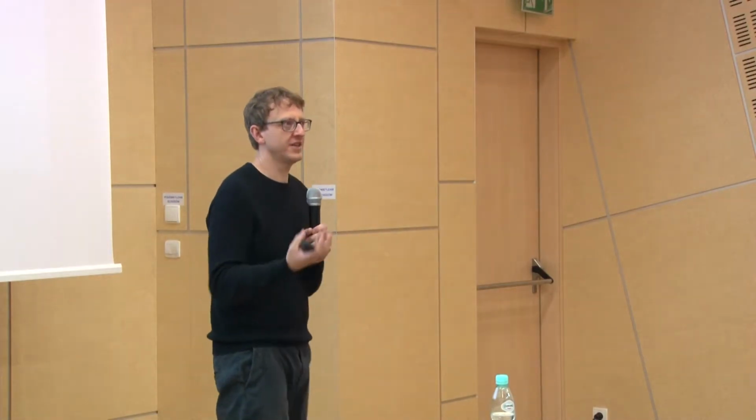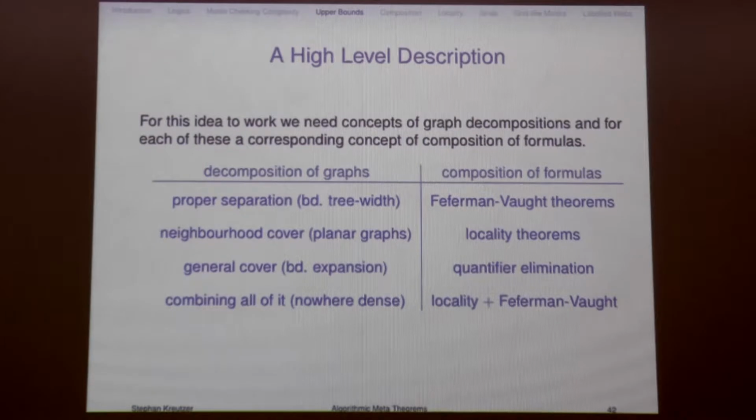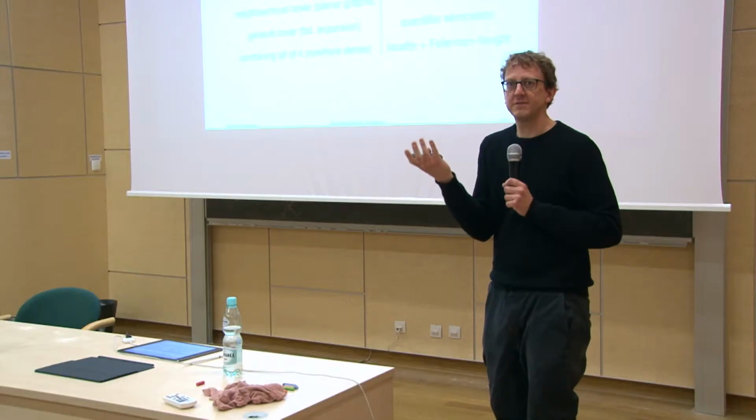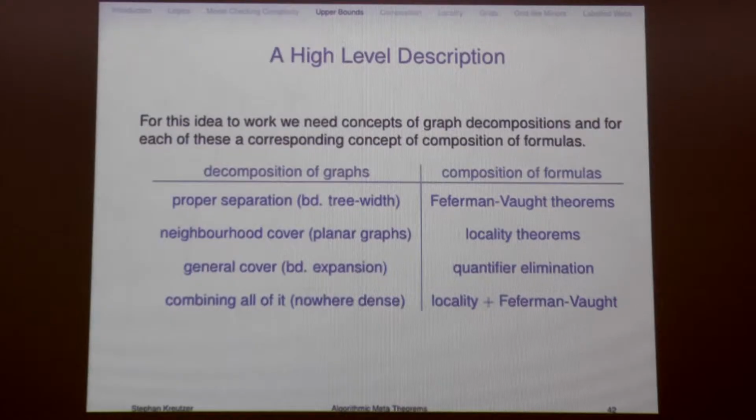The locality theorem basically tells you that if you want to check a first-order formula, you need to check something in local neighborhoods, like r-neighborhoods around a vertex. And if you want to use it, you need a graph theoretical property that allows you to deal with r-neighborhoods, to make them easy, to make them nice. And there's another quantifier elimination method, and another graph structural property for it. And then finally, we'll combine all of it.